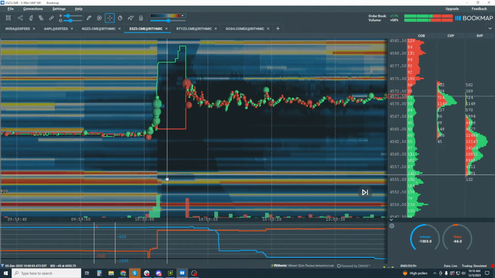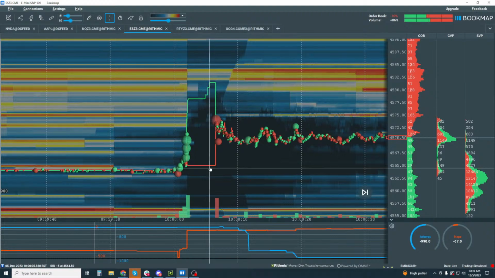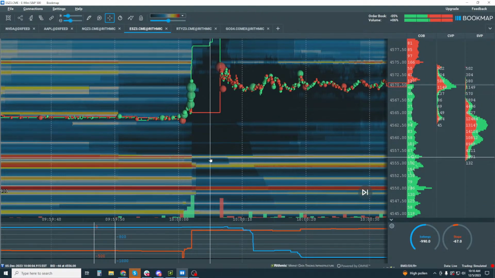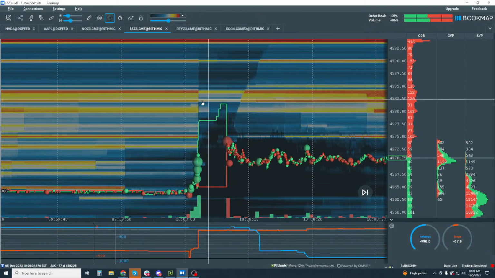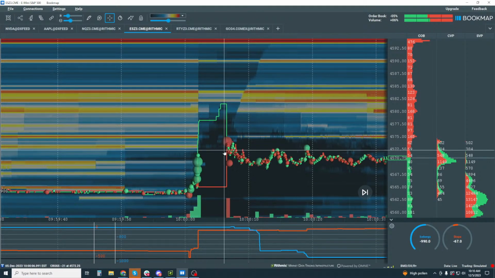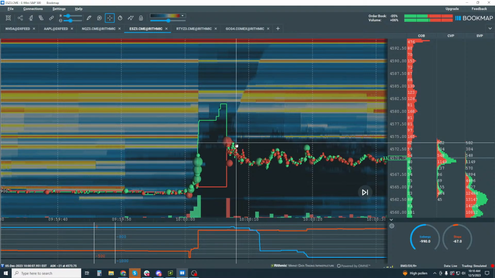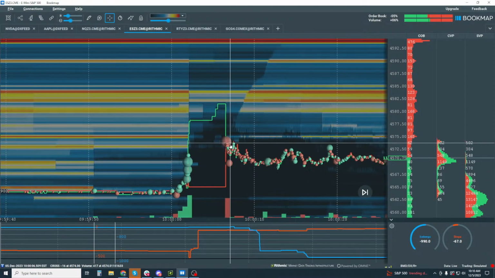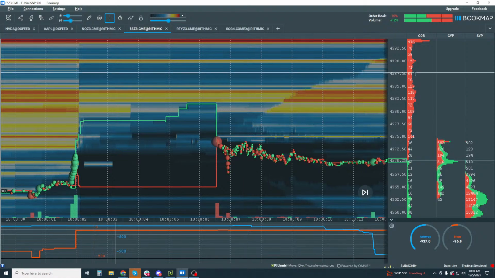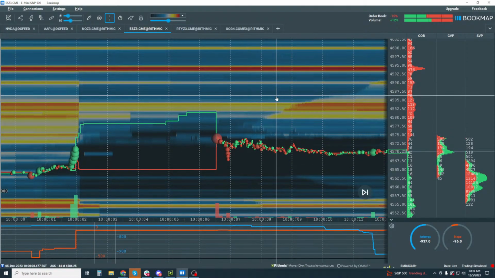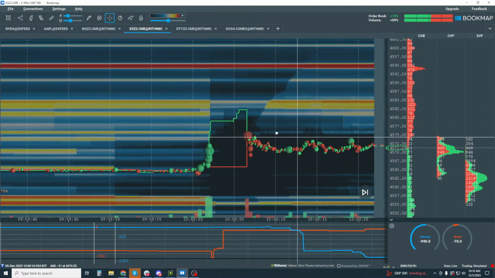They stay in the book down here at this kind of 56 and 55 area, and then up here they're staying in the book as well, and that's what we're seeing. So then the update occurs 4 seconds later, and then trading resumes again. Okay, so anyway, that's what happened here.